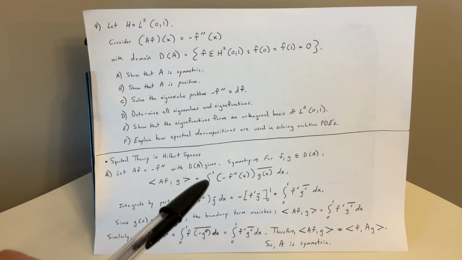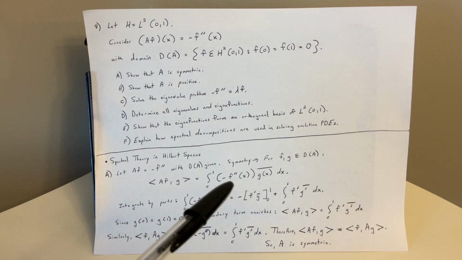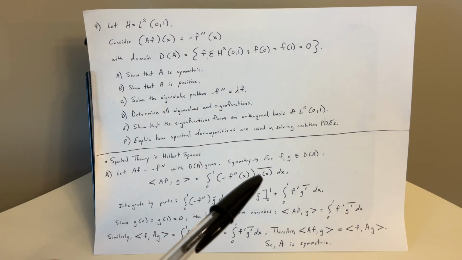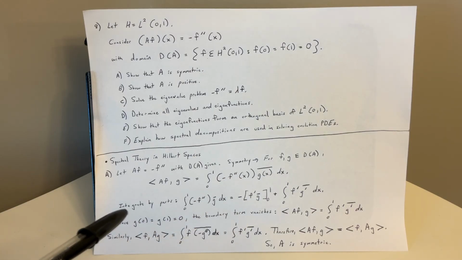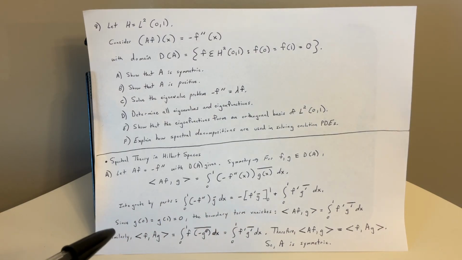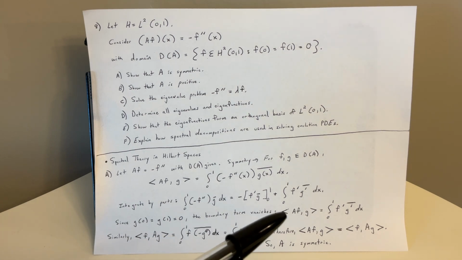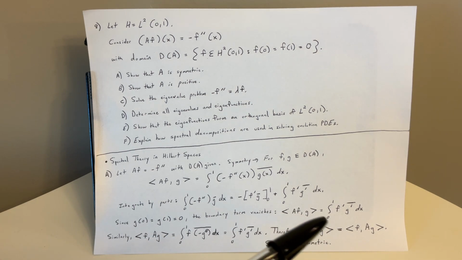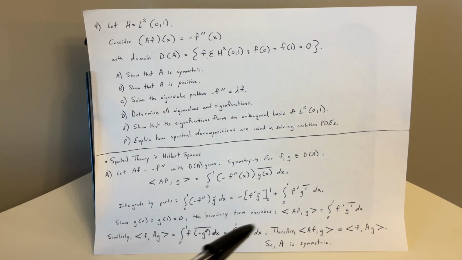For this inner product, it is equal to this integral here, negative f double prime of x, g of x bar dx. Not all of the steps are shown, but if you integrate by parts, you're going to get the following. Since g of 0 equals g of 1 equals 0, the boundary term vanishes, and you wind up with this inner product equals this integral.